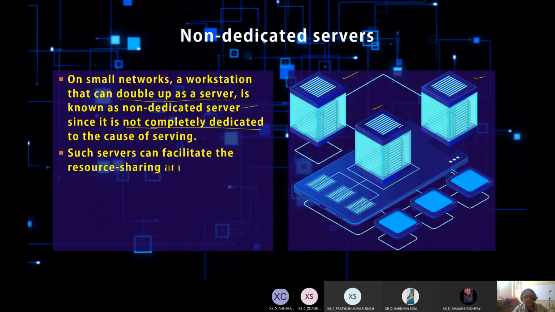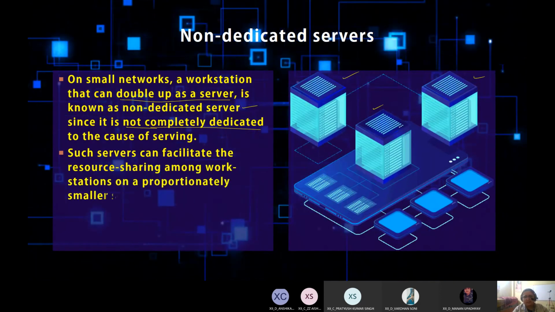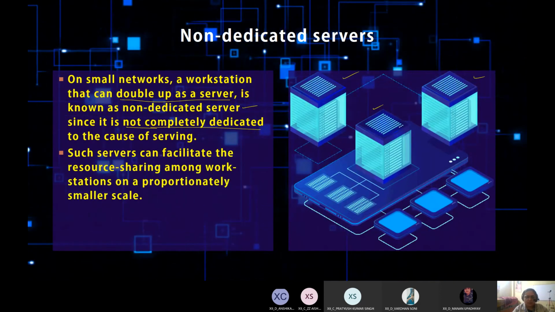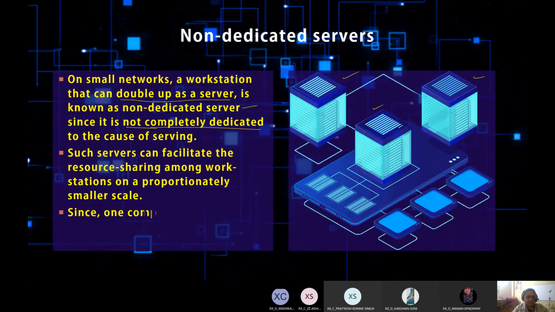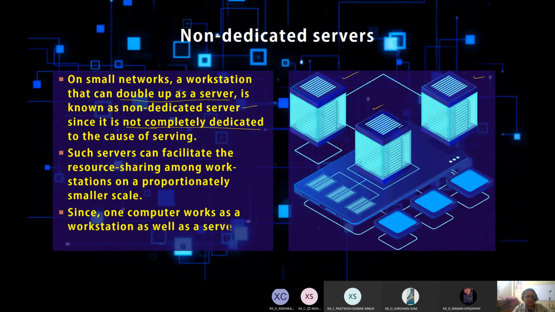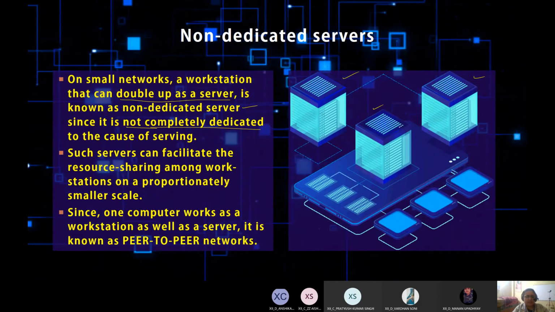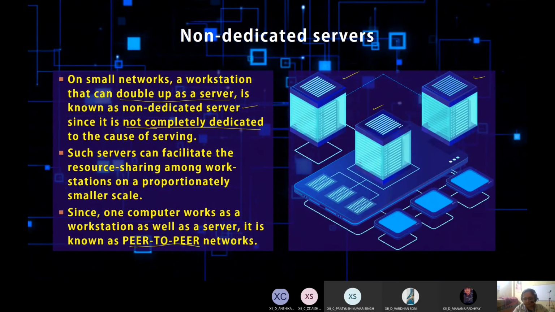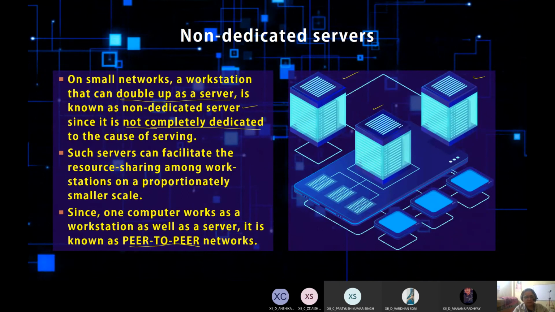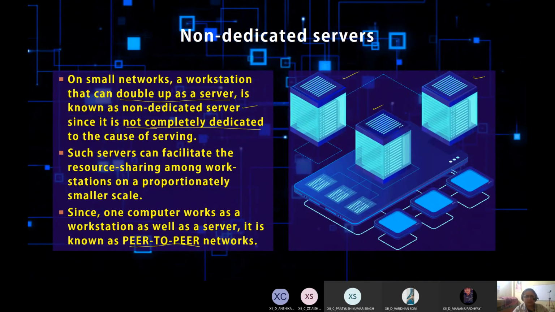Such servers can facilitate resource sharing among workstations on a proportionately smaller scale. Since one computer works as a workstation as well as a server, it is known as a peer-to-peer network also.